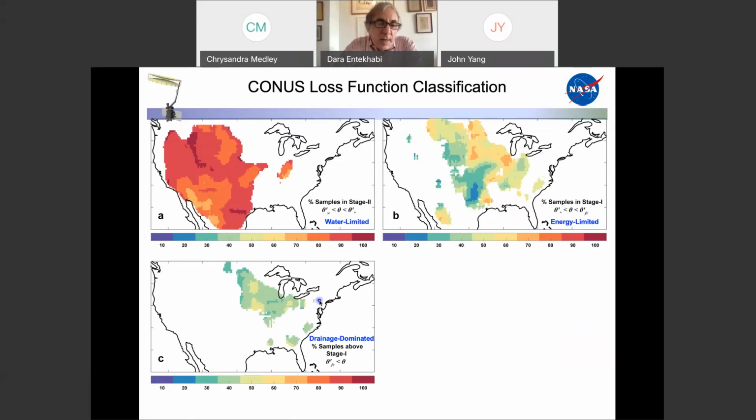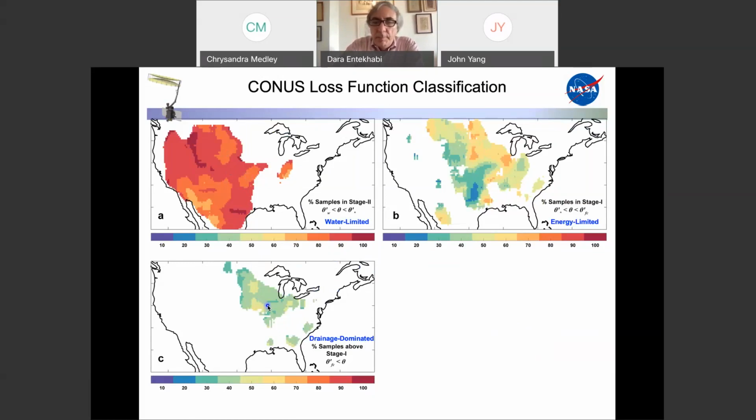And what fraction of time is it in the drainage dominated regime? So the three regimes just identified before. We see some patterns, such as one would expect, in the western half of the US is more water limited, more energy limited in these regions, and then drainage dominated in these regions.